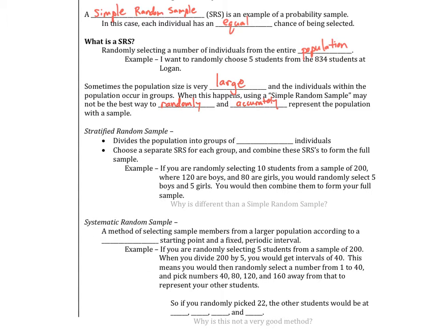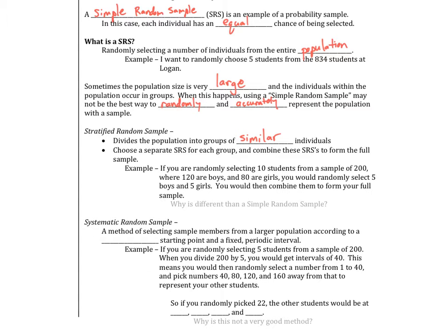So a stratified random sample divides the population into groups of similar individuals. You choose a separate simple random sample for each group and combine these simple random samples to form the full sample. For example, if you are randomly selecting 10 students from a sample of 200, where 120 are boys and 80 are girls, you would randomly select 5 boys and 5 girls. You would then combine them to form your full sample.